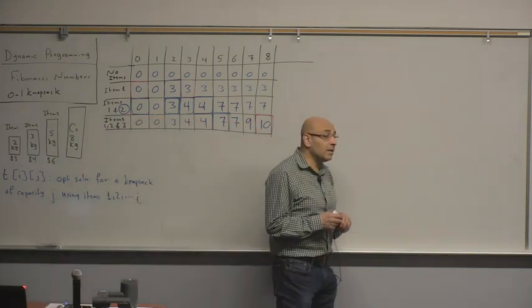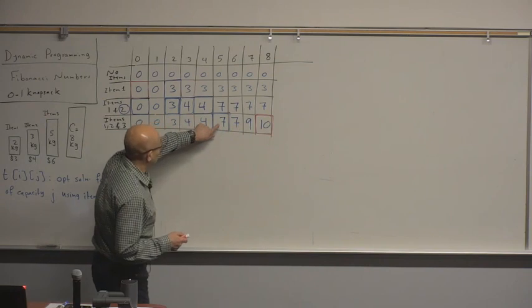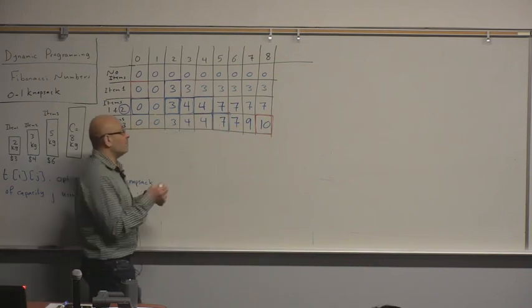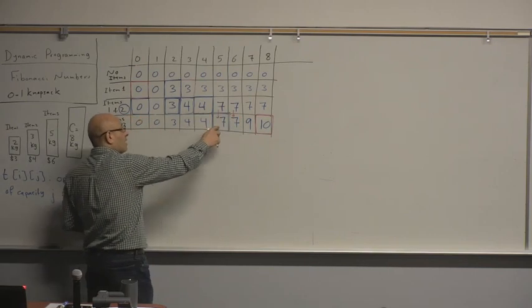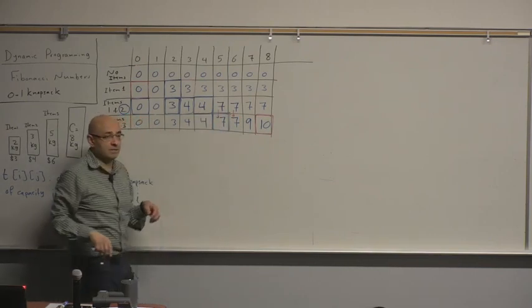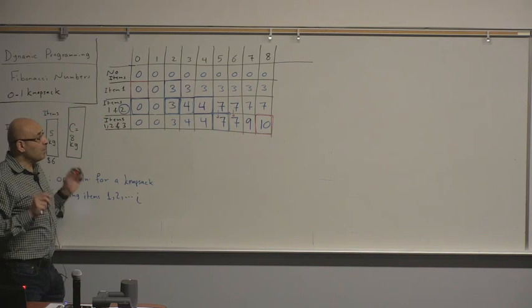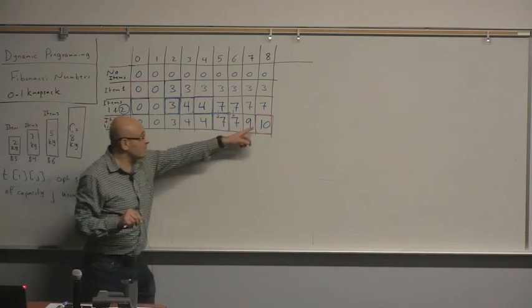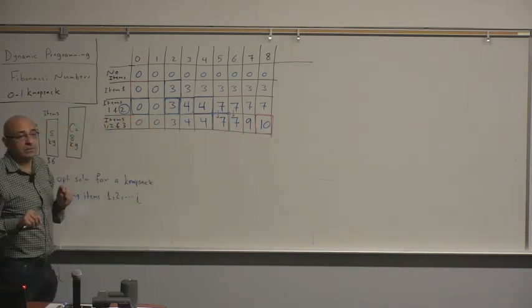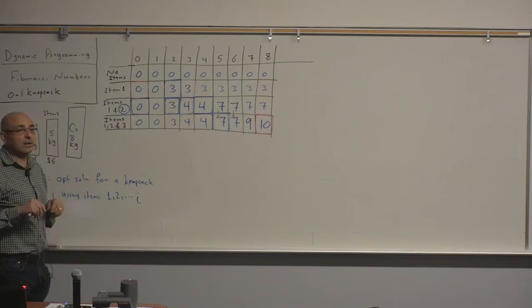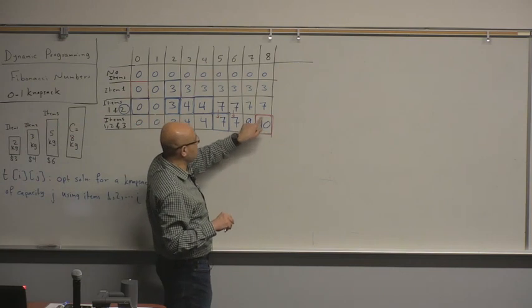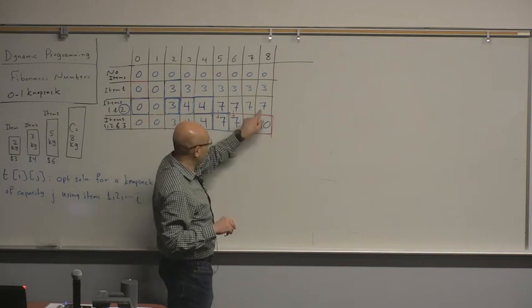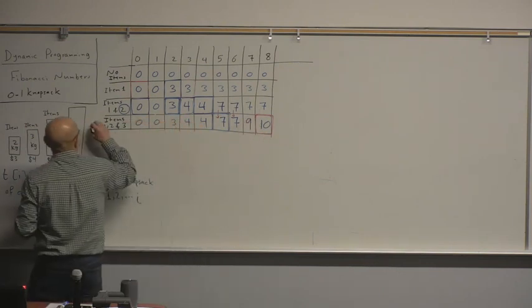When you choose not to take the item, like we did here, the value in the current row was the same as the value in the previous row. So by comparing the value in the current row with the value in the previous row, we can tell whether the current item has been taken or not. And in this case, because 10 is different from 7, then I know that item 3 has been taken.